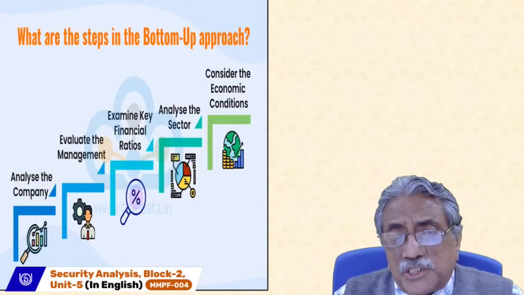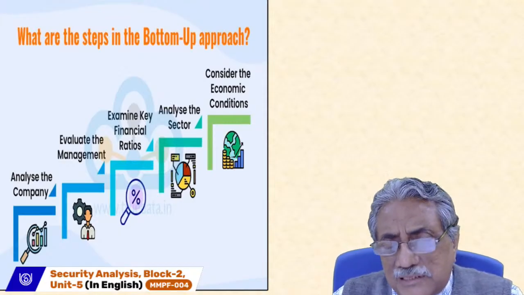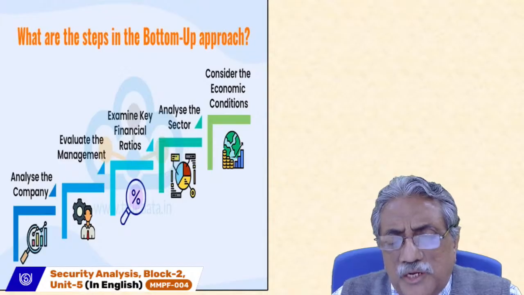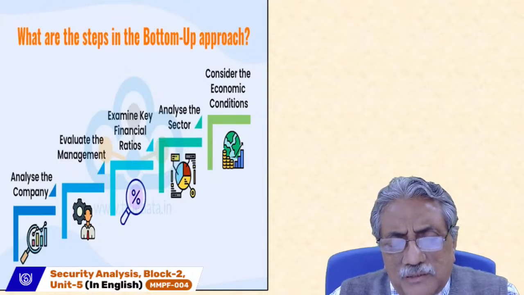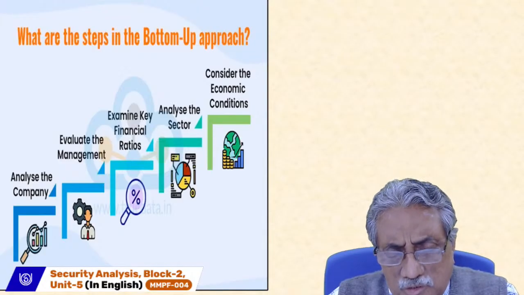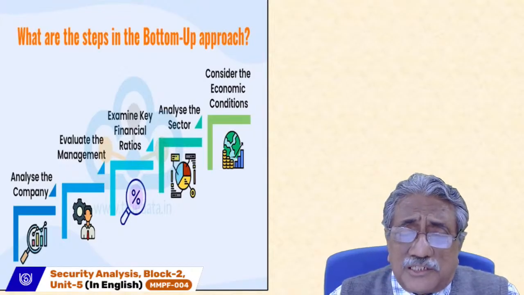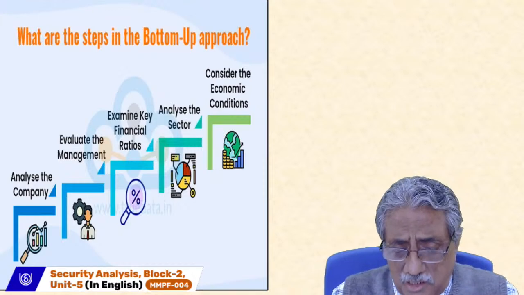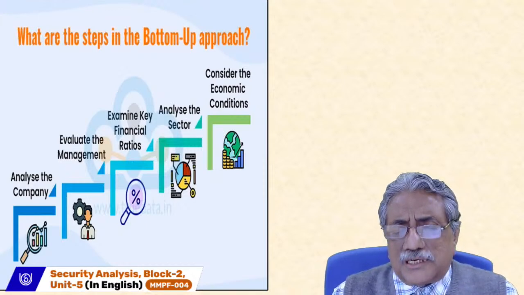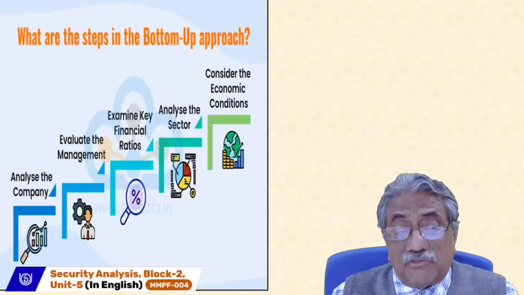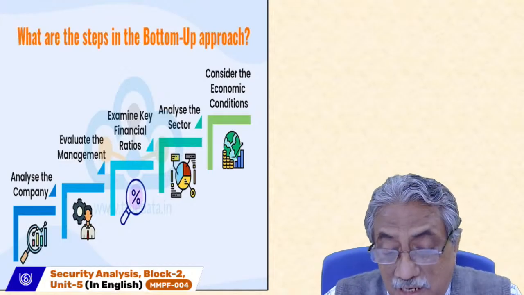And the economic condition is that in the health sector there will be demand for treatment, and there will be demand for diagnosis, and Dr. Lal Pathlabs, because of its accessibility for the patient, can have good growth. So this is a bottom up approach I can adopt.